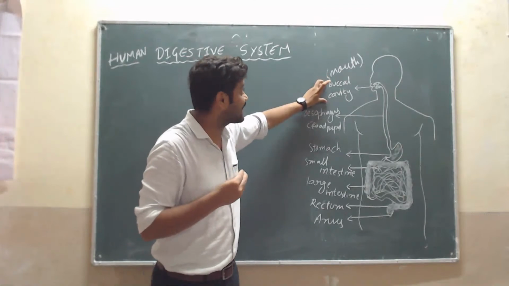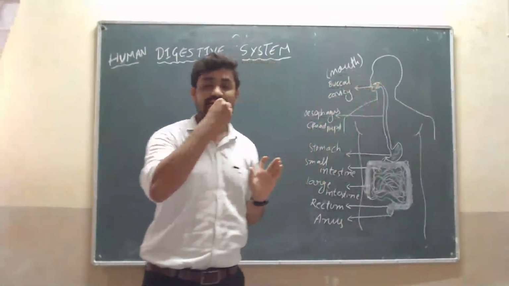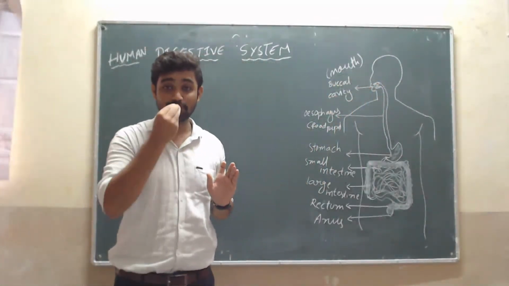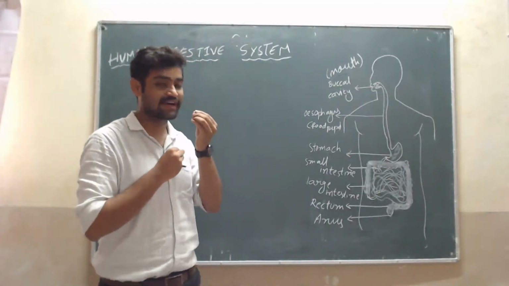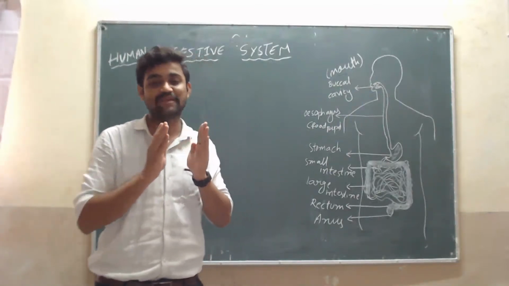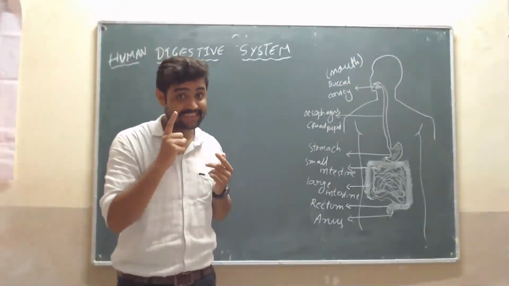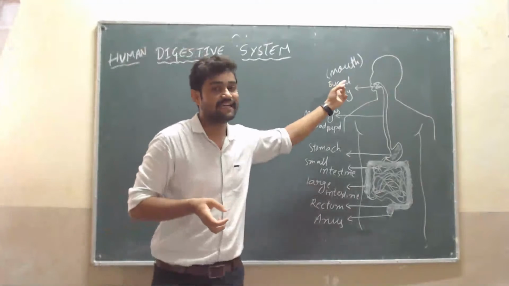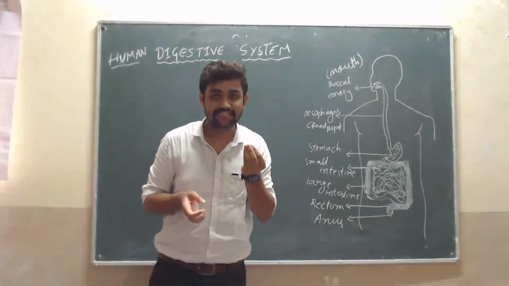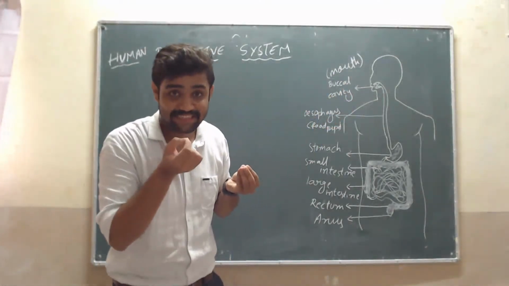As the food enters into our mouth, it divides into small pieces. Why, sir? With the help of teeth. The food is divided into small pieces with the help of our teeth.